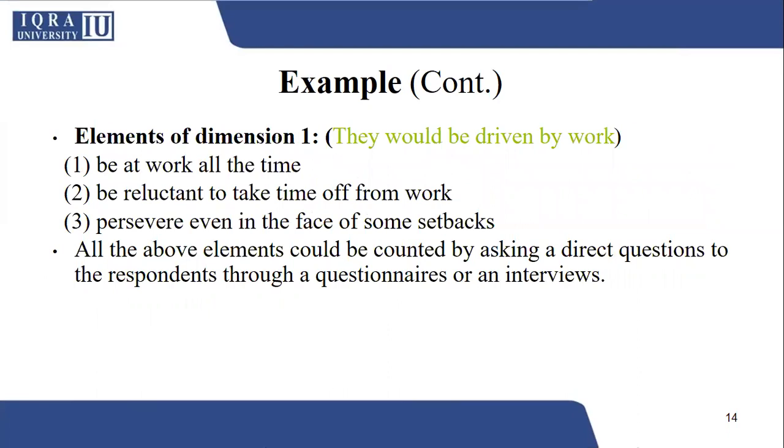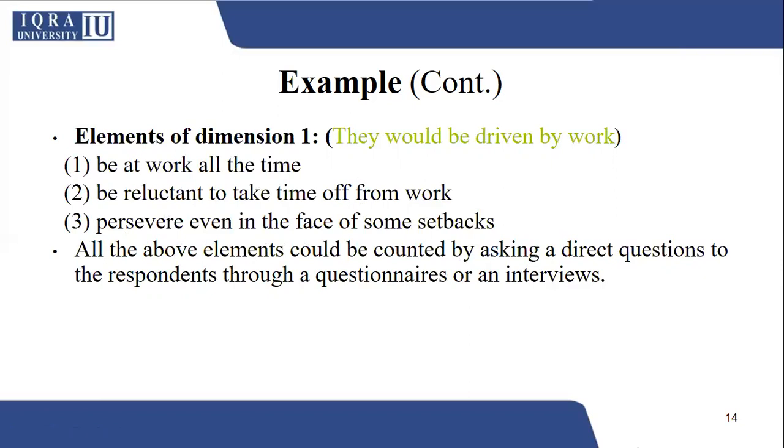Elements of dimension 1. They would be driven by work. This is dimension 1. Now you are going to break down these dimensions into further elements: be at work all the time, be reluctant to take time off from work, persevere even in the face of setbacks. All the above elements could be counted by asking direct questions to the respondent through a questionnaire or an interview.